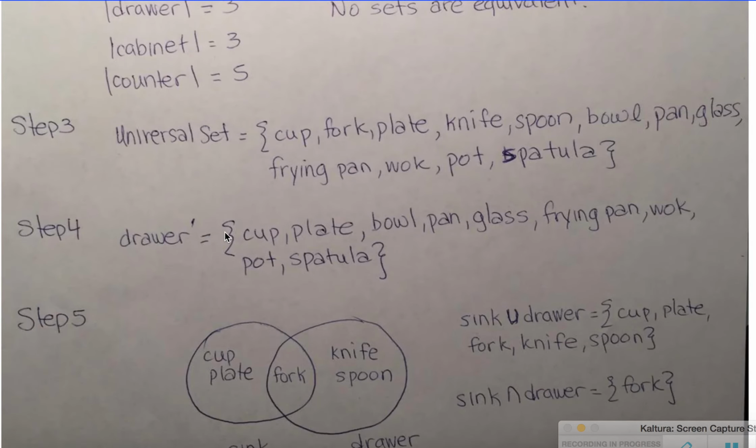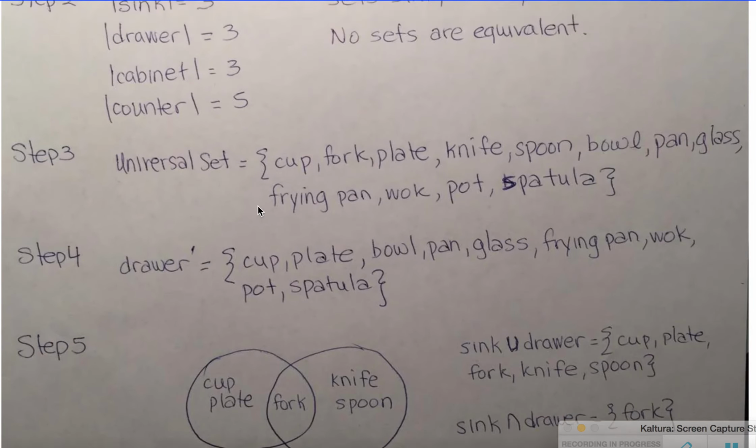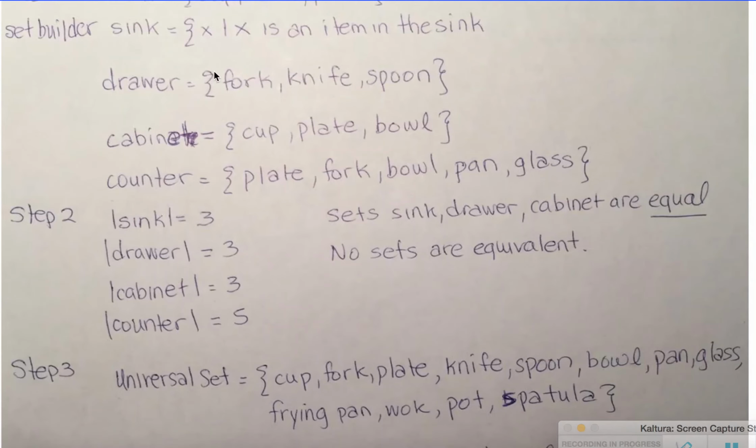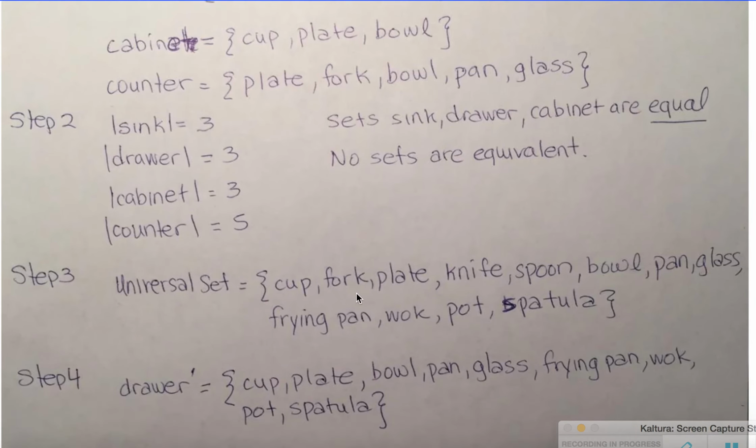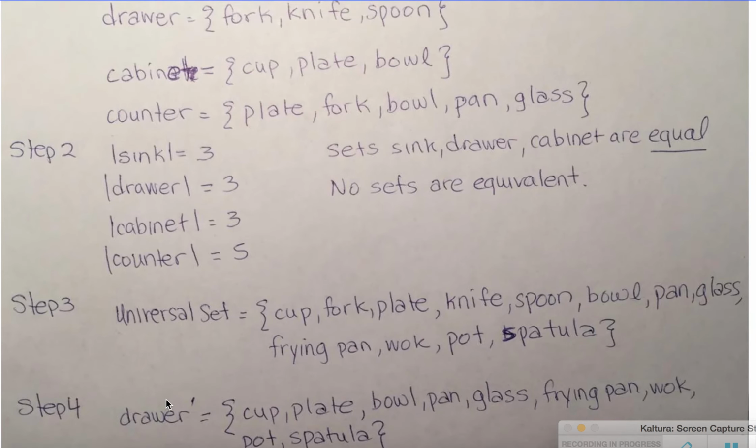Okay, when you try to find the complement, you look at your drawer, which is a fork, knife, and a spoon, and then you look at your universal set. Okay, so you take the universal set and just remove all the items from your original drawer set. So I had a fork, a knife, and a spoon for my drawer.